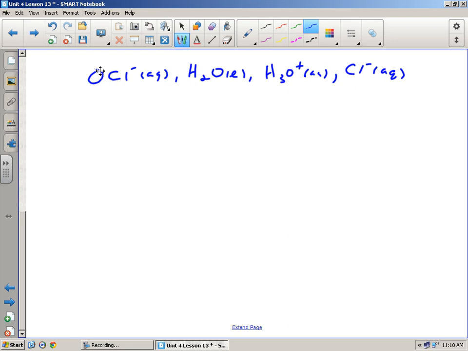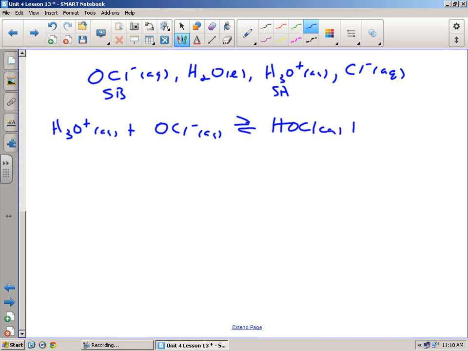They kind of gave you this one here. This is the strongest base here, strongest acid here, of course. So reacting those two together, H3O+ aqueous, OCl- aqueous. Remember, proton donor, proton acceptor, so HOCl aqueous, and water.